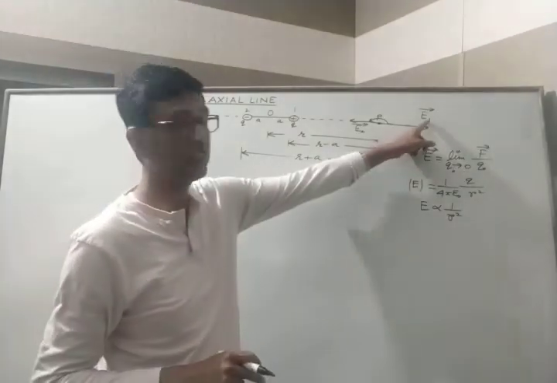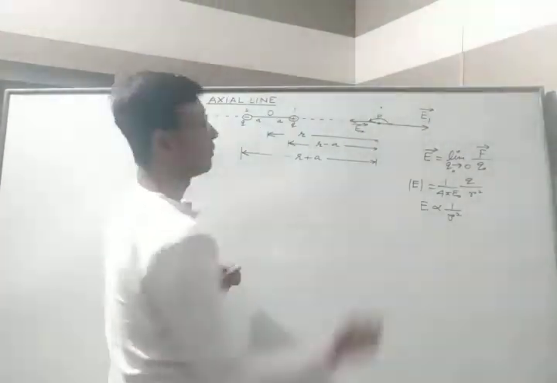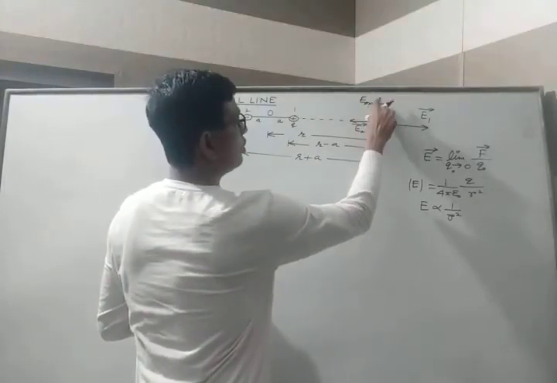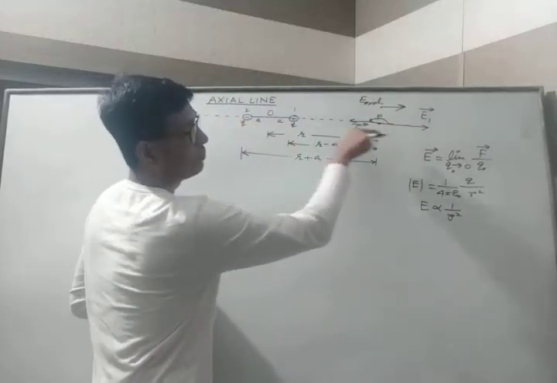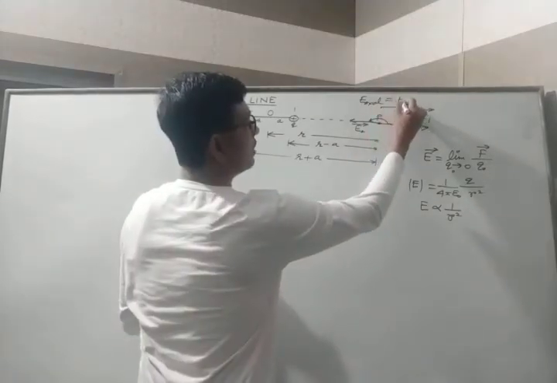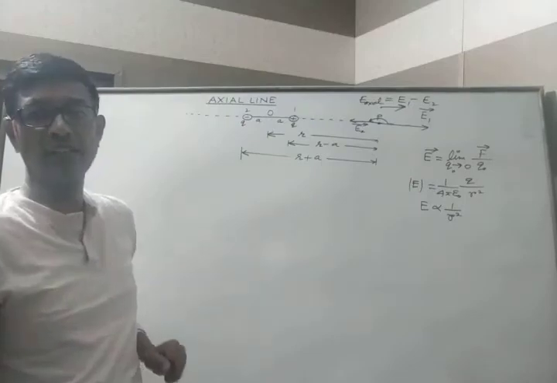So here dominating vector is E1, right? So here the resultant would be E axial. It would be from negative charge to positive charge along the direction of E1. And its magnitude would be E1 minus E2, minus because they are opposite directed.